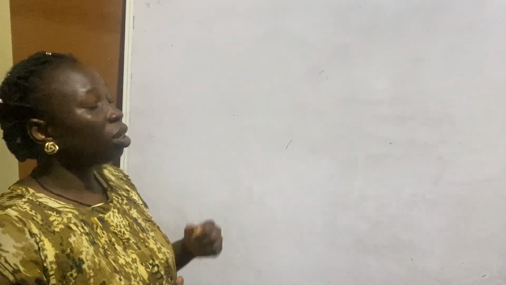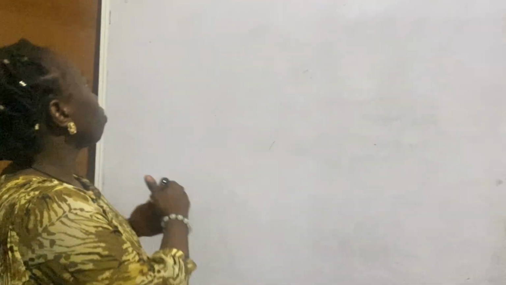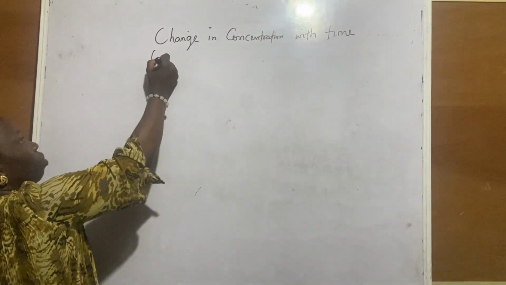And this change in concentration with time works with rate laws, and the laws include first order rate of reaction, second order, zero order, down to fourth order to fifth order rate of reaction. But for the sake of the video, we'll be looking at first order, second order, and zero order rate of chemical reaction. First order.